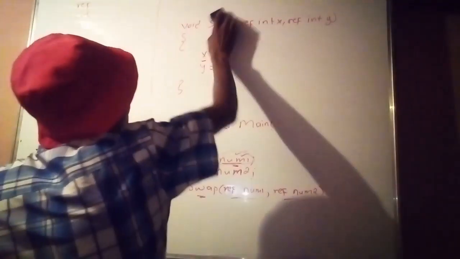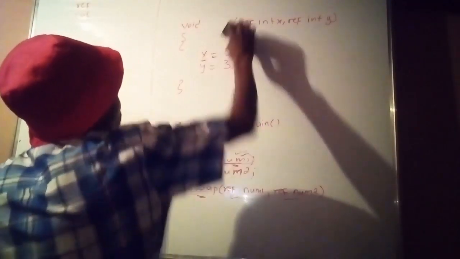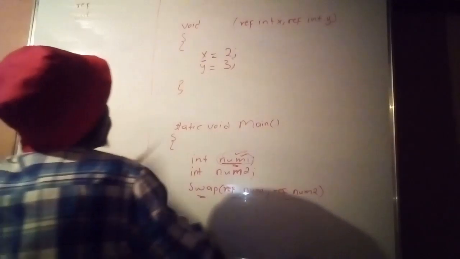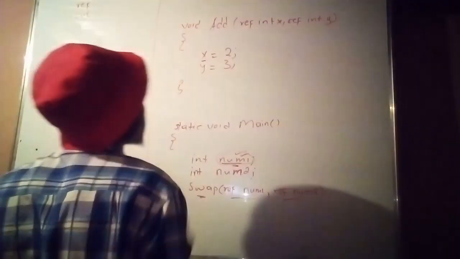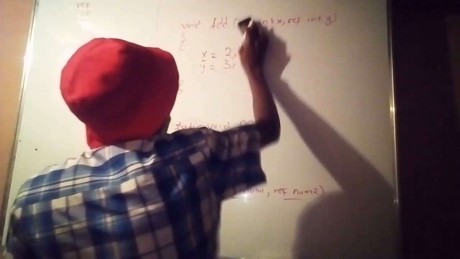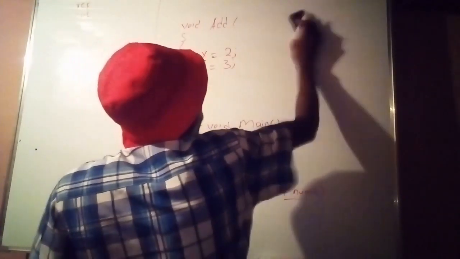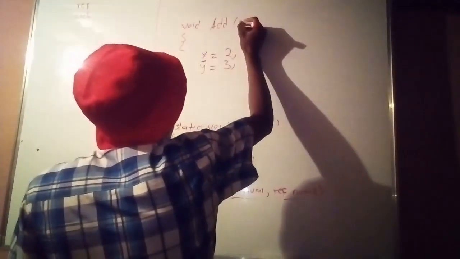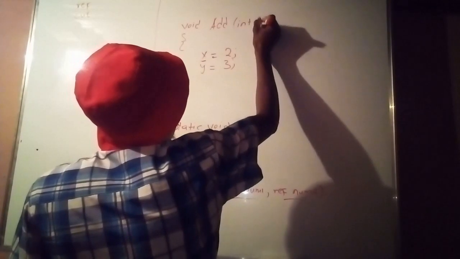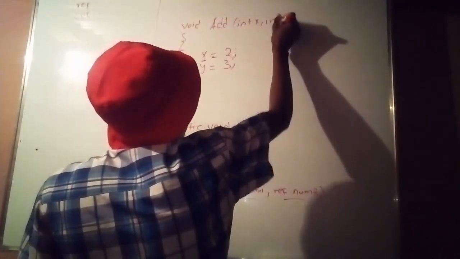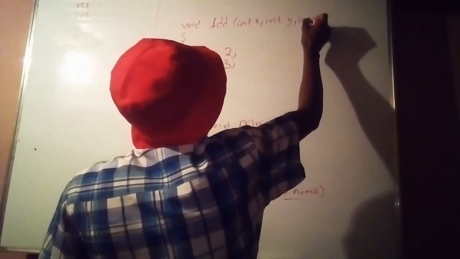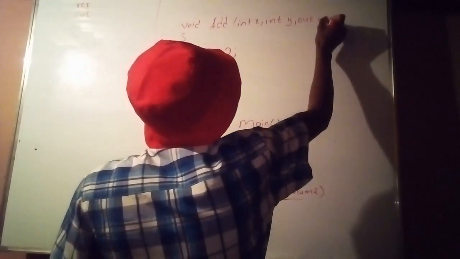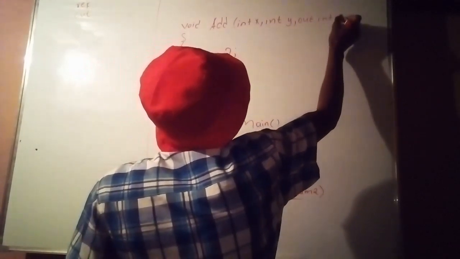So let's change our method here. Let's say we want this method to be add this time around, and then we're going to create the 2 normal variables, int x, int y. Then the third variable here is going to be out int, let's say sum.